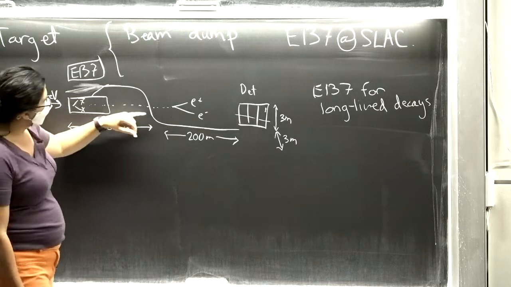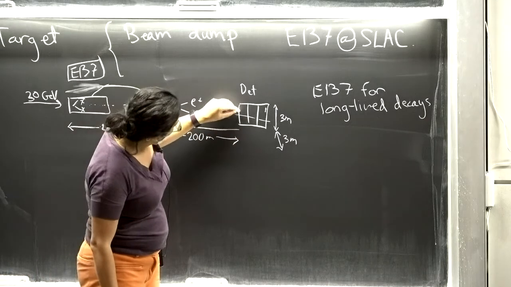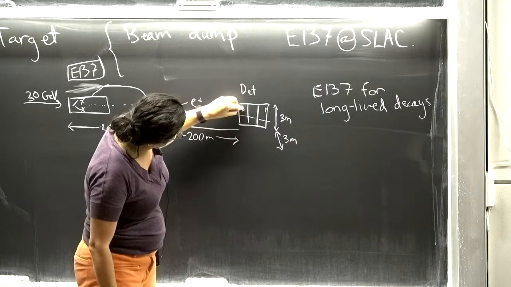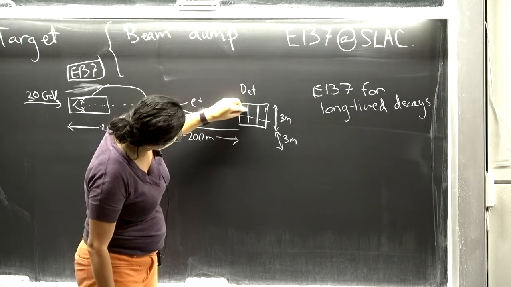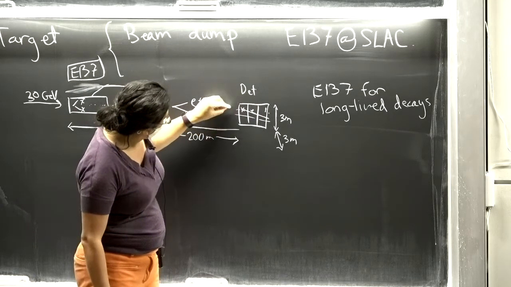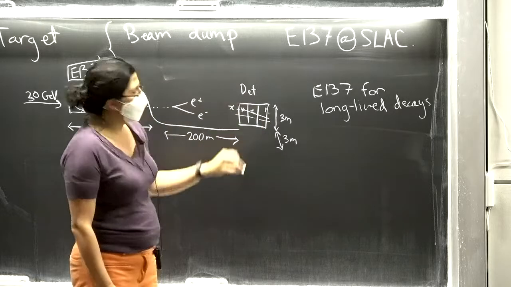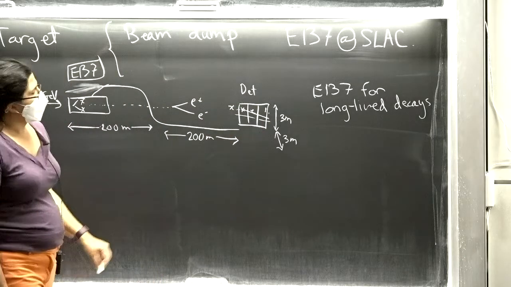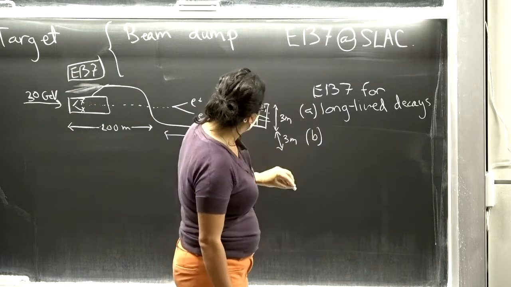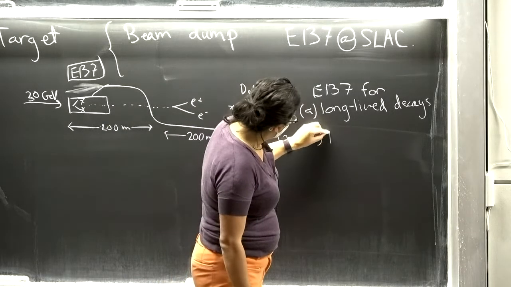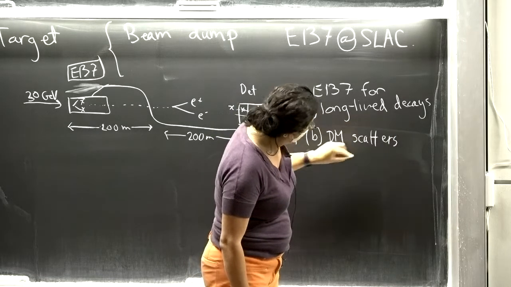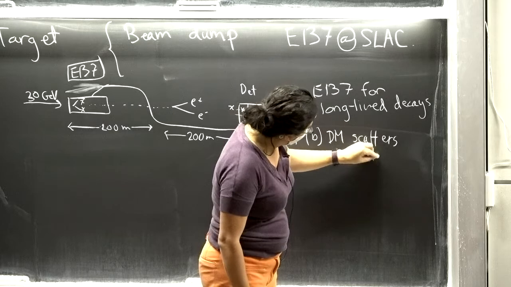And so it can actually traverse this whole region, and then you can look for a small chance of that dark matter particle scattering somewhere in this detector, giving you a recoil electron. So dark matter comes in, energetic electron comes out. And that would be a second use case for E137. So dark matter scatters in the detector.